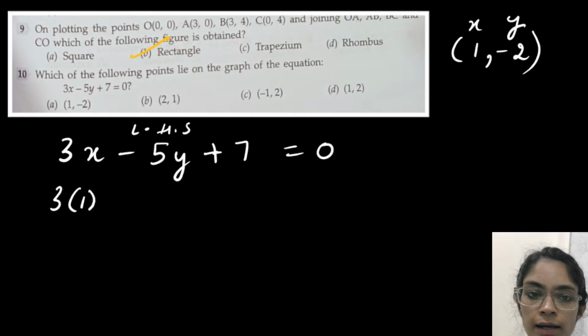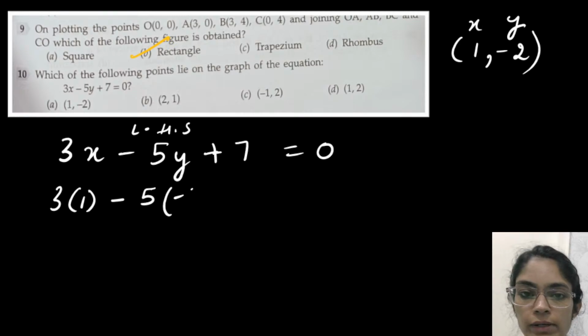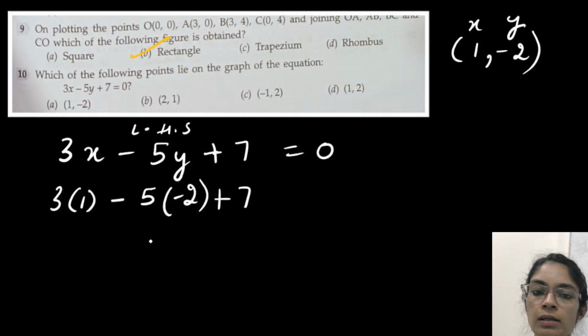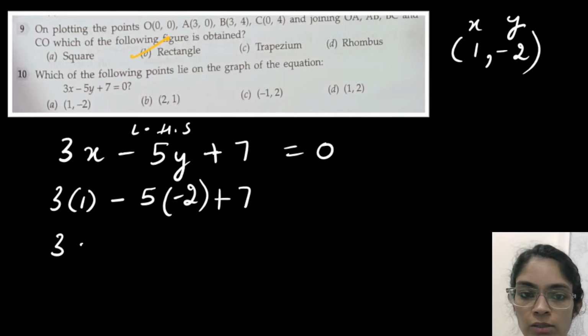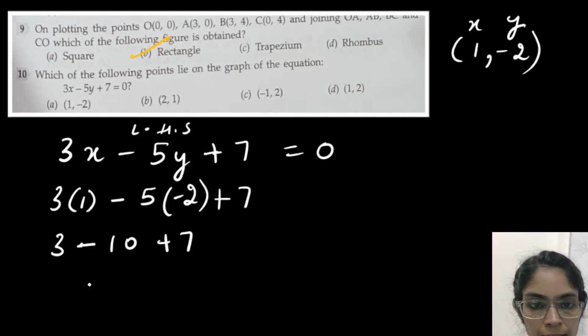So at the place of x, I'm just going to substitute its value 1, so 3 into 1, minus 5 into minus 2, plus 7. Only the left hand side I am solving. So if I am getting my answer equal to the right hand side, which is 0, then that means this is the answer. So 3 minus 10 plus 7. 3 minus 10, no, this will become plus.